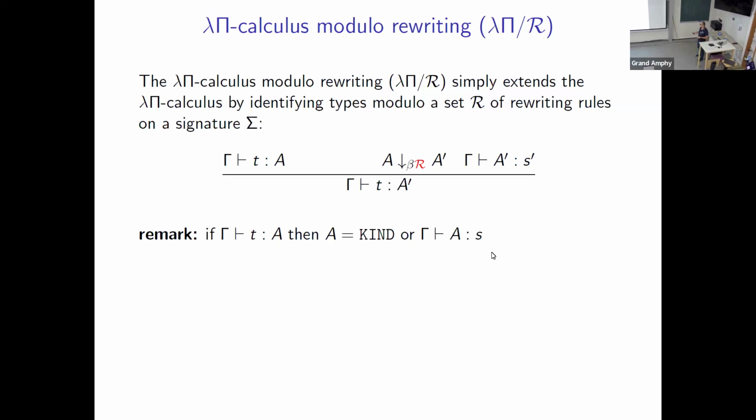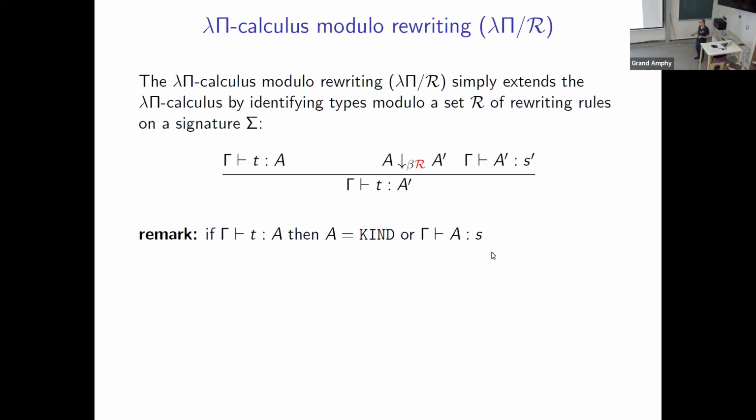A small remark, by the way. I remember it was mentioned yesterday by Andrzej. This rule is not symmetric, because here we are checking that A' is typable, but we do not check that A is typable. But this is something that can be derived.